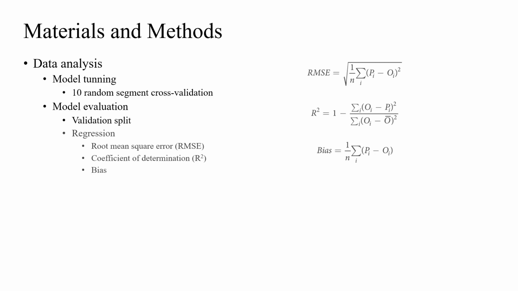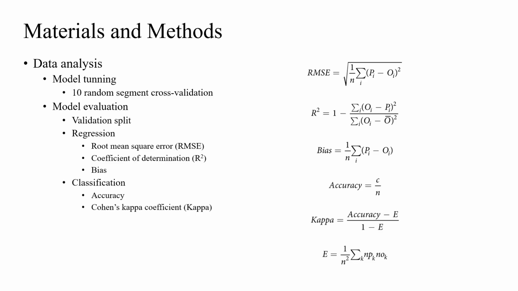Model tuning was completed through 10 random segment cross-validation. All model evaluation was conducted using the validation data split. 3 metrics including RMSE, R-squared, and bias were used for evaluating the regression models, and 2 metrics including accuracy and kappa were used for evaluating the classification models.